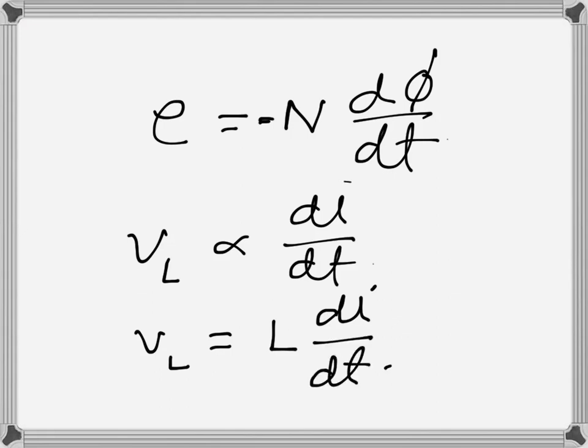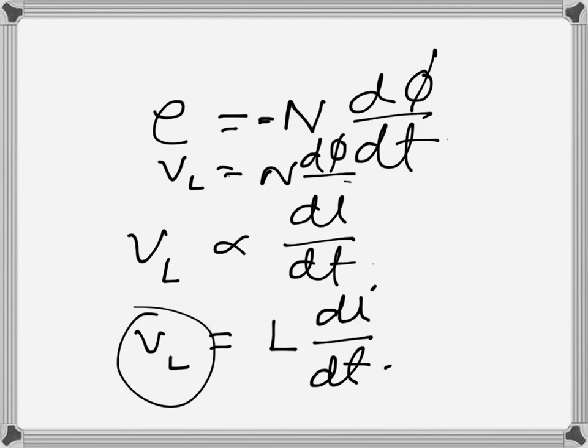Inductance times rate of change of current is equal to VL, and this is our VL as well, because this is basically the induced EMF, the induced voltage. So VL is equal to N d phi over dt. We can do away with the negative sign because that only gives the direction. So this is equal to this.